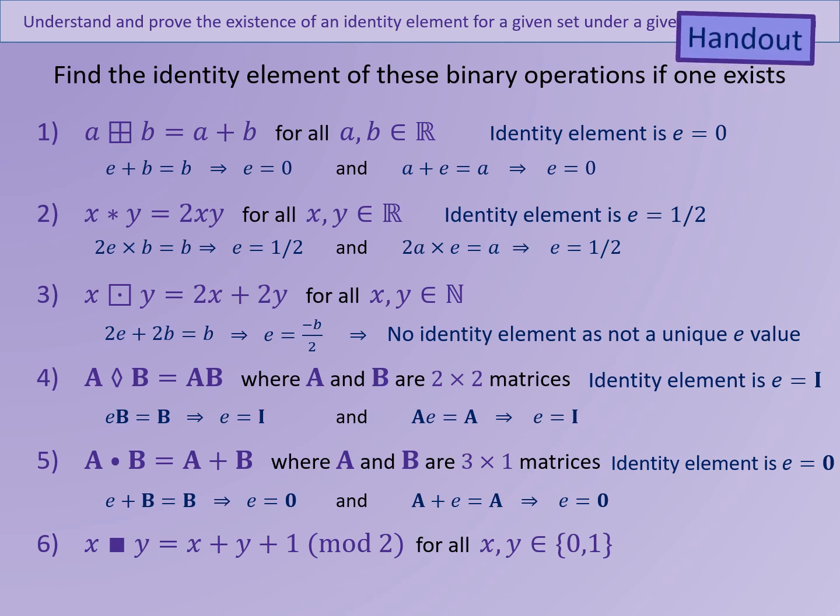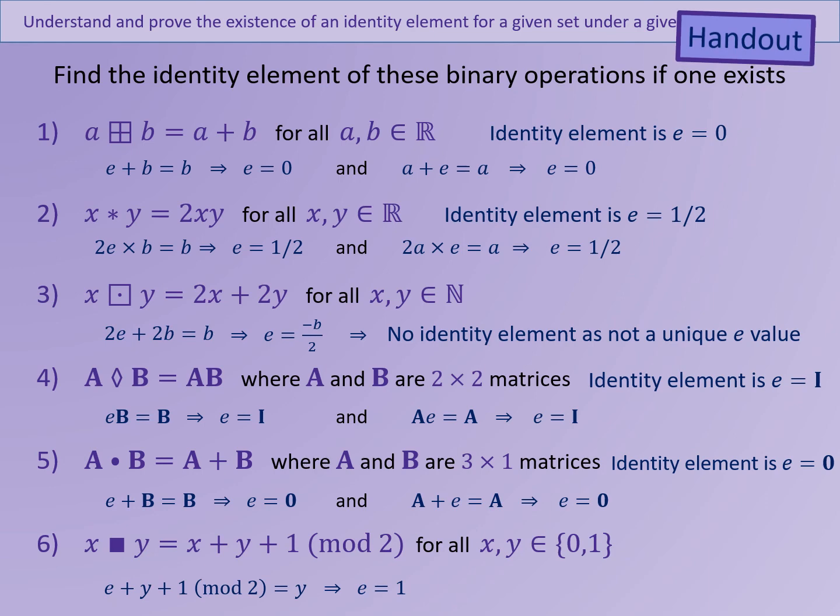Finally, x plus y plus 1 mod 2 in the set 0 or 1. So this binary operation is only defined for the set of numbers 0 and 1. So e plus y plus 1, when calculating mod 2, would need to equal y.